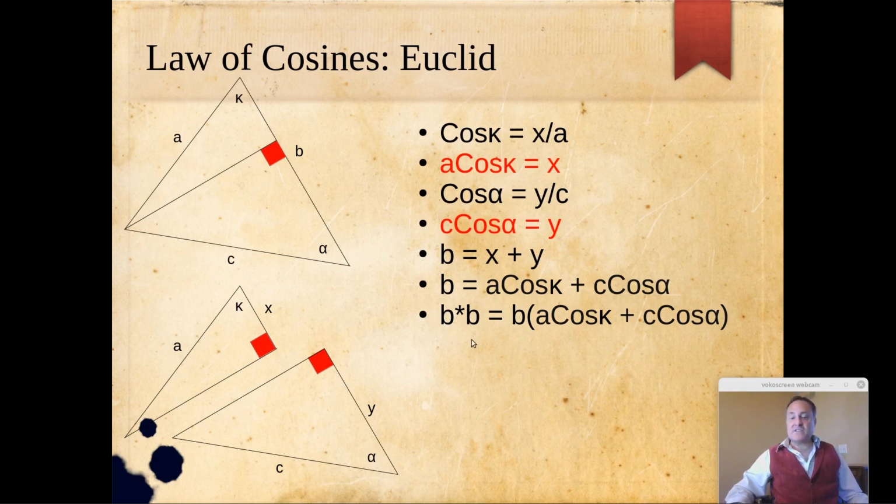We're not going to square both sides, but we're going to multiply both sides by b because I can and because it helps make progress towards an interesting answer, a result that has value. And so this side becomes b squared. The other side, I distribute the b into the parentheses using the distributive property, and I get b squared equals ab cosine kappa plus bc cosine alpha.